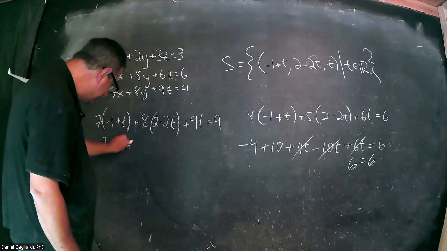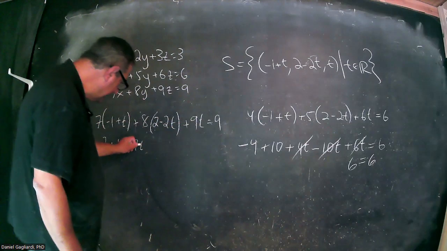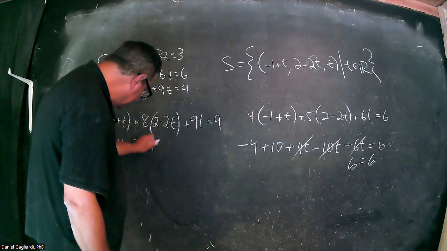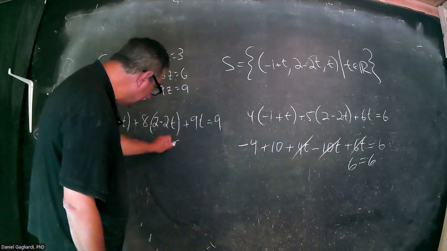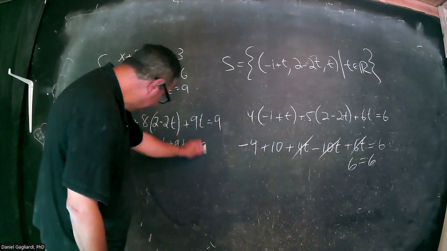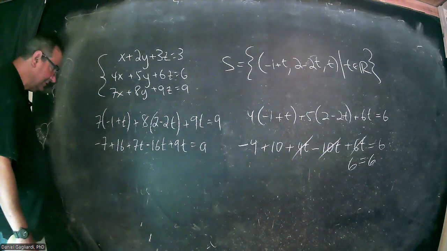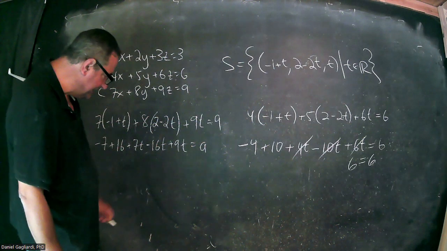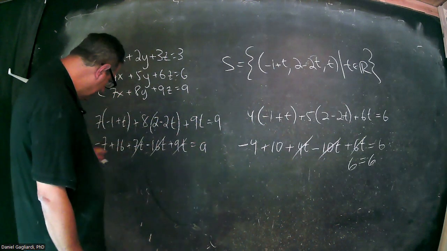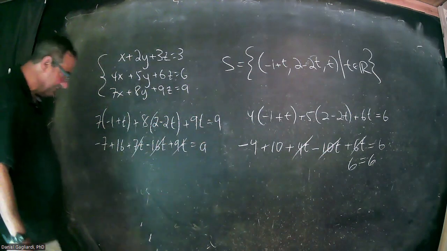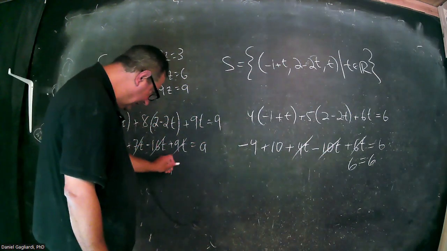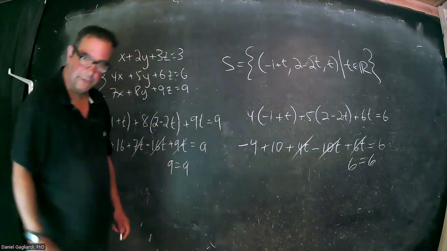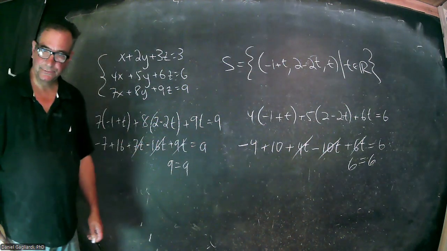And then we have 7t, right, minus 16t plus 9t. And do the t's cancel? Sure they do, because 7t minus 16t is -9t, plus 9t is 0, and as I said, 16 minus 7 is 9, so we have 9 is equal to 9, and equation 3 checks, which is great.